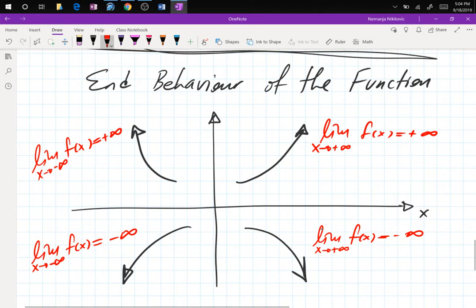And those are the 4 that are there, which would go either way. So that will be what they call the end behavior of the function. And those are not asymptotes of any kind. They are going in this curved manner, going always to the left and up, or going always to the right and up, and so on. So that's the end behavior of the function.